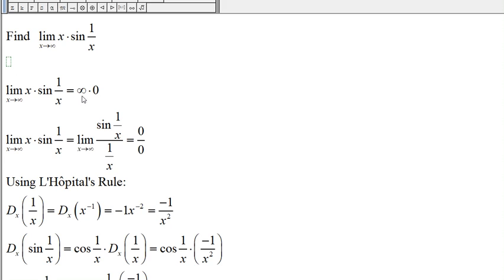And so infinity times 0 is an indeterminate form, but it's not infinity over infinity or 0 over 0, and therefore we cannot apply L'Hopital's rule here.